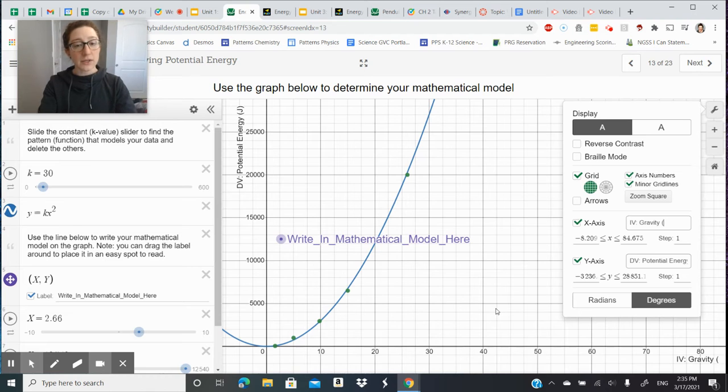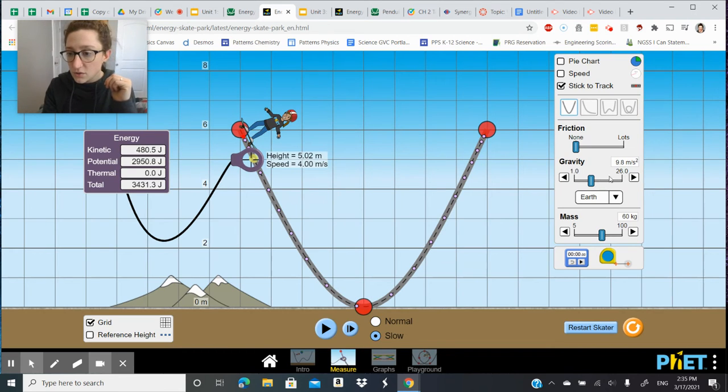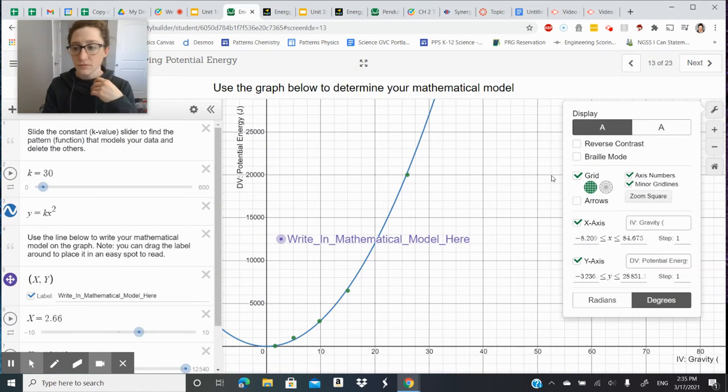And my units, which I did see on the screen right over here, are in meters per second squared. Your mass is in kilograms, and your height is in meters. So gravity, meters per second squared.